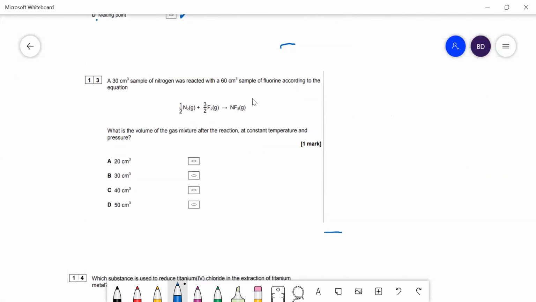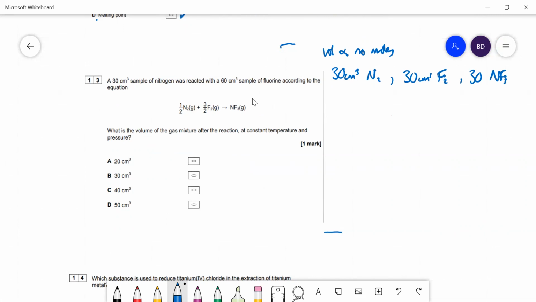Right, now this is a gas volume calculation. We've got to remember that the volume of a gas is proportional to the number of moles. So for example, in this question, if you had 30 centimeters cubed of nitrogen, that would contain the same number of moles as 30 centimeters cubed of fluorine, or 30 centimeters cubed of NF3, or you could have 15, it's the same.